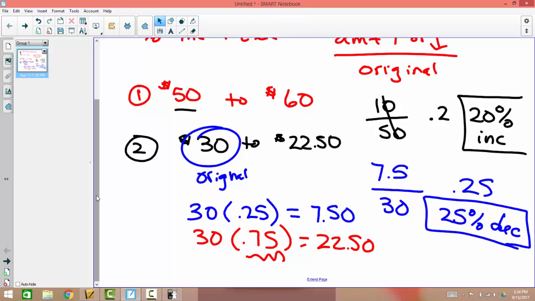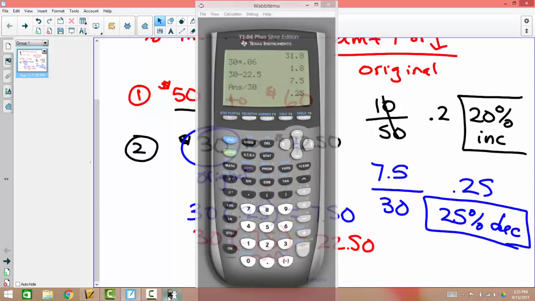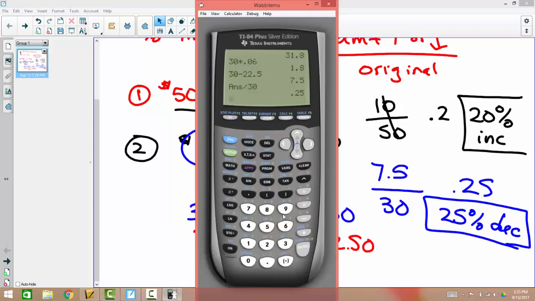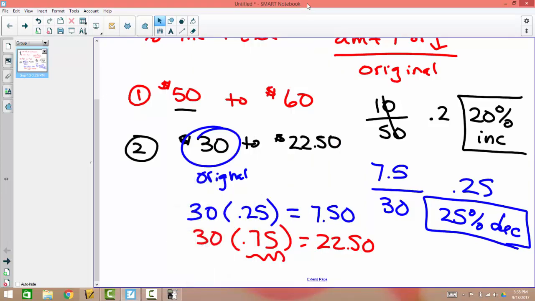If you want me to show you so you could believe me, voila. And if we go back to the first problem, you could multiply 50 times a 20% increase.